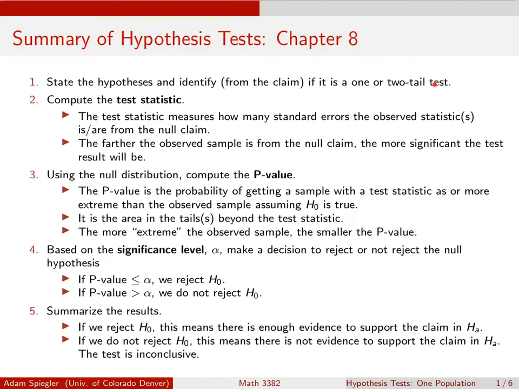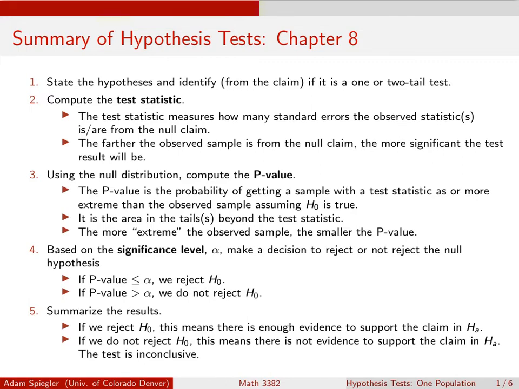And at this point, you would want to consider whether or not you've got a one or two-tailed test. So the same rules are going to apply for stating our hypotheses. We want to use population parameters when we state our hypotheses. We want to make sure that the null hypothesis has an equality in it, and the alternative hypothesis should have an inequality in it.